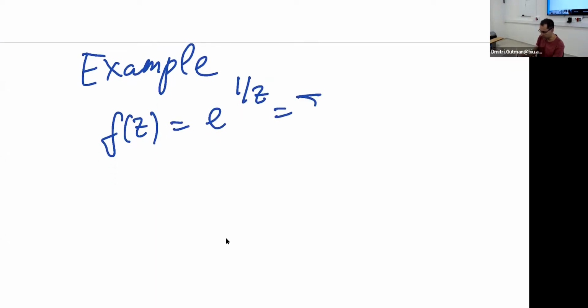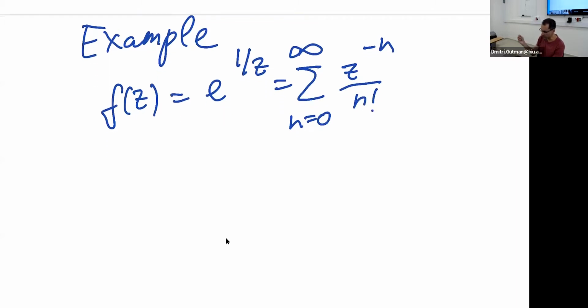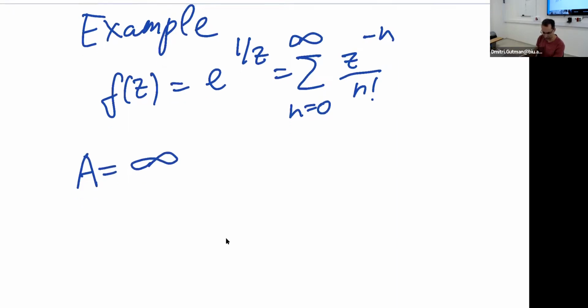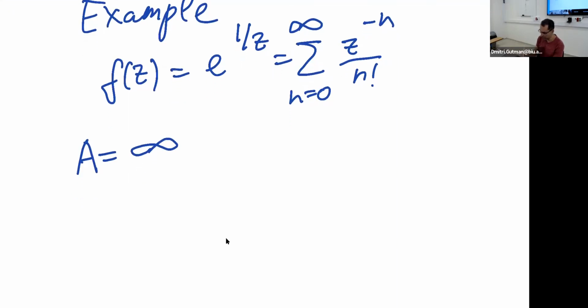And we decided to expand it in Laurent series, z to the power minus n over n factorial. So let's choose some values of a, and I'll show you how to construct this series. So let's start with a equal infinity. Okay, and the point of singularity w of the function above is w equals 0.